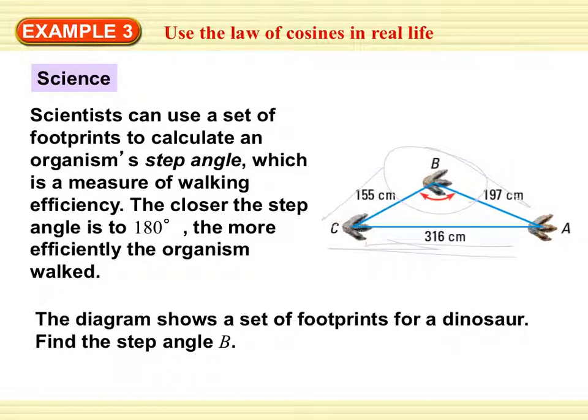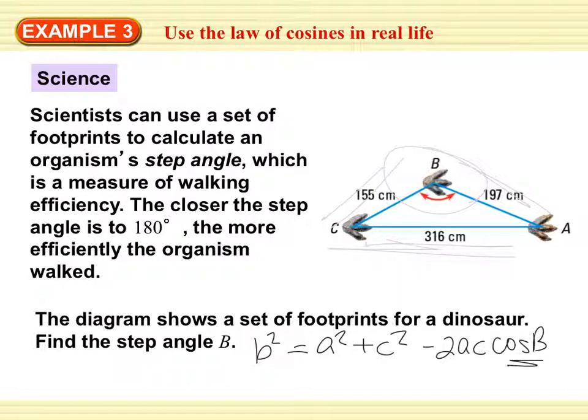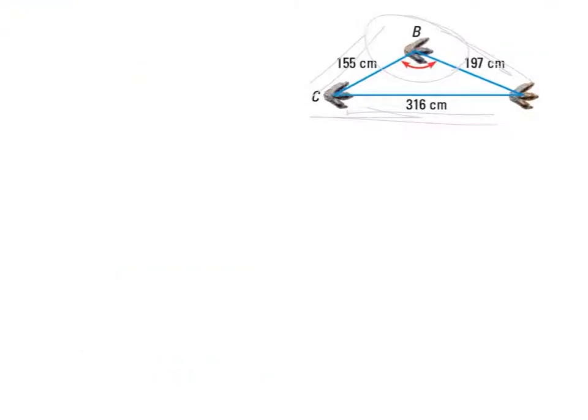So I'm going to use the law of cosines to find angle B. B squared equals A squared plus C squared minus 2AC cosine B to find cosine B. But I'm going to do that on the next page. So I'm using this equation. I'll write it real quick.